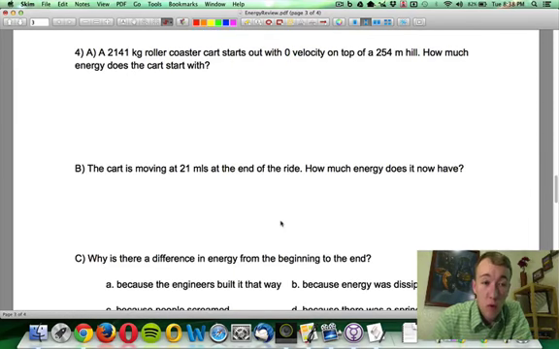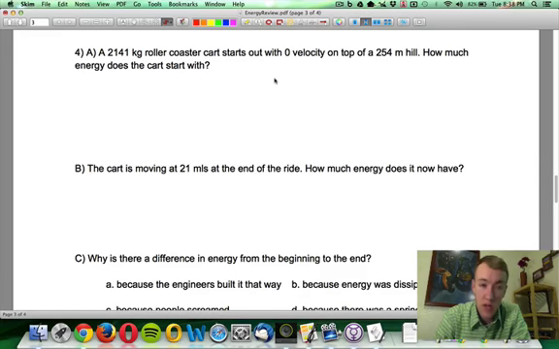Problem number 4, we have a 2,141 kilogram roller coaster cart that starts out with 0 velocity, so it's starting from rest at the top of a 254 meter hill. How much energy does the cart start with? Well, first we need to identify what types of energy it has. Starts from rest, so that means there's no kinetic energy.